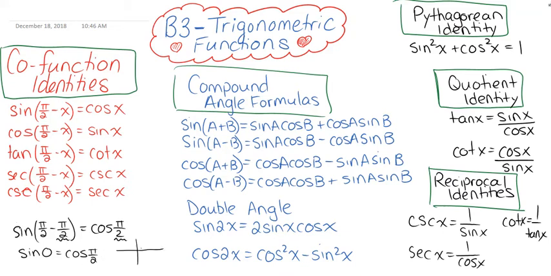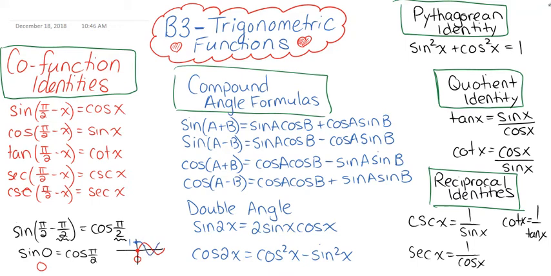which makes sense, because if you looked at the sine curve, it goes like this. When sine is at 0 radians, it has a y value of 0. And then cosine starts up here at 1, and then it goes like this.